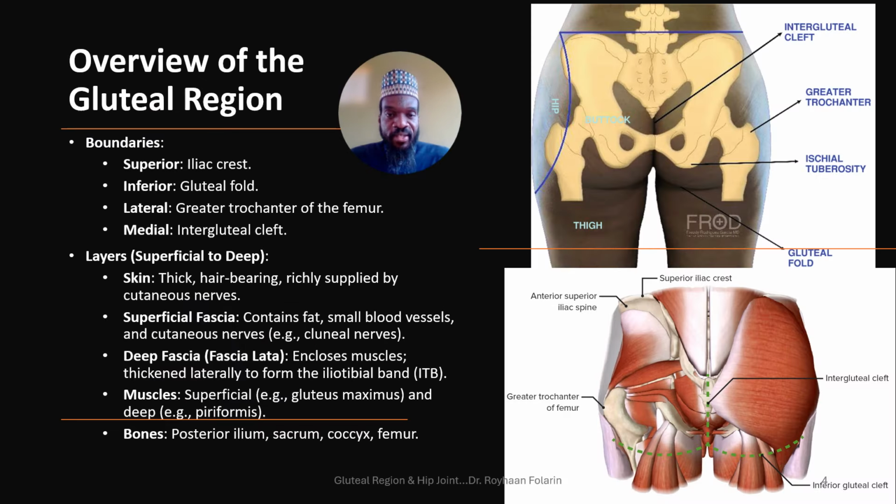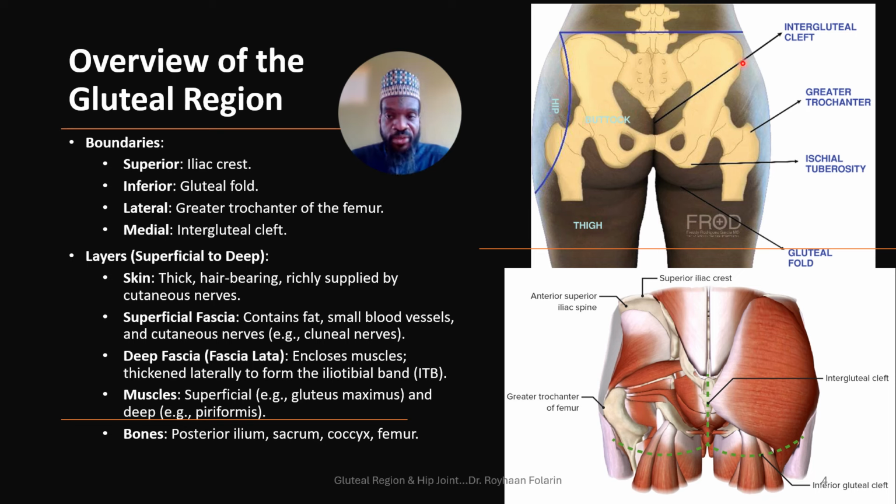So let's dive in. By way of overview, the gluteal region is the posterior aspect of the hip, which plays an important role in locomotion and stability of the lower limbs and the entire body. Let's define its boundaries.